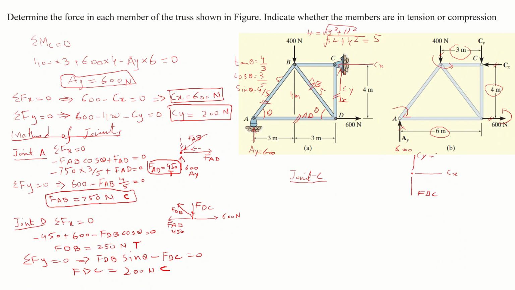C_Y is equal to 200, and it is on the downward side, and C_X is on the left side, which is equal to 600, and it is on the left side. Then another force is acting on this point C, which is due to the member BC.